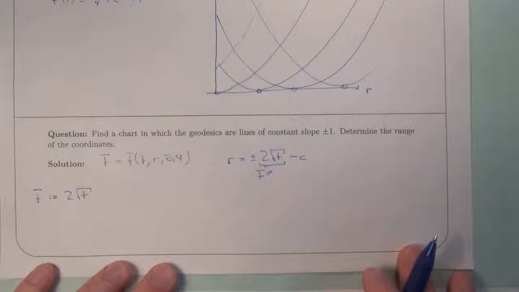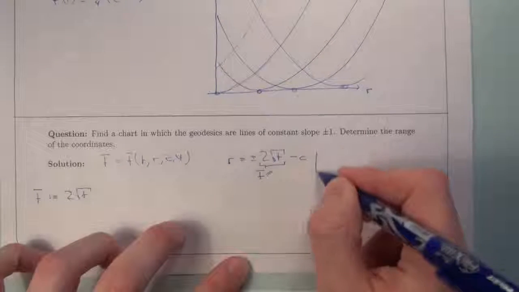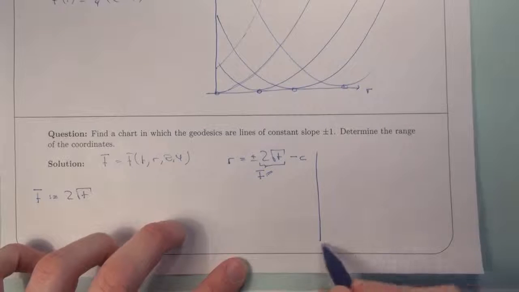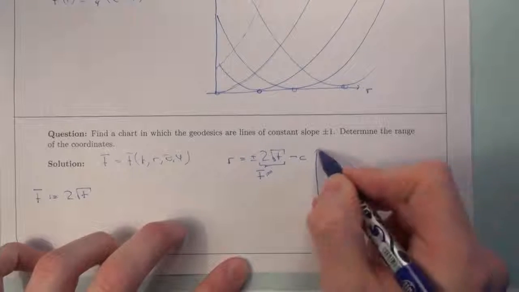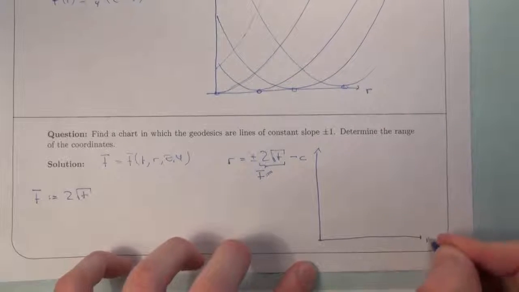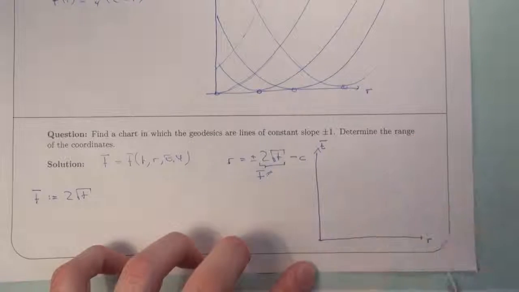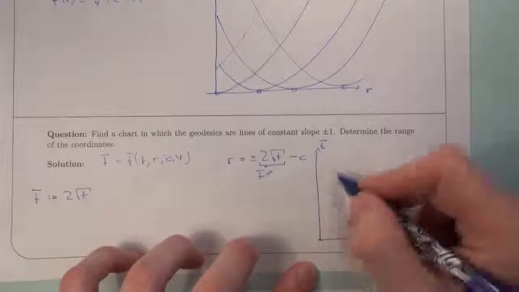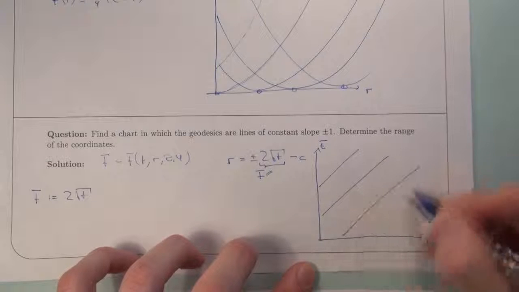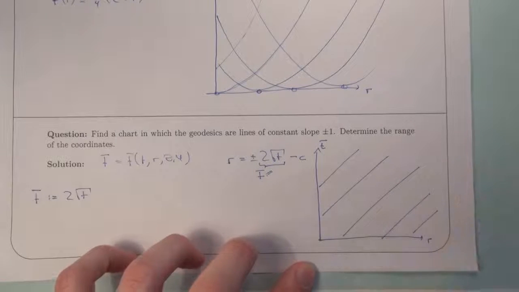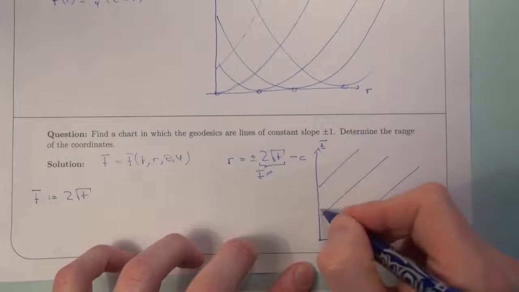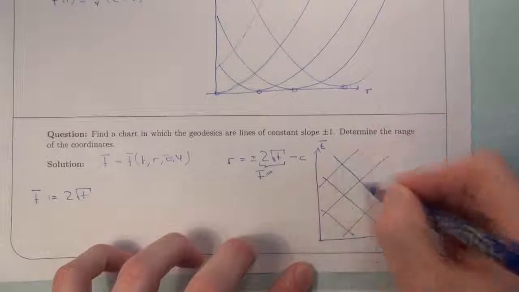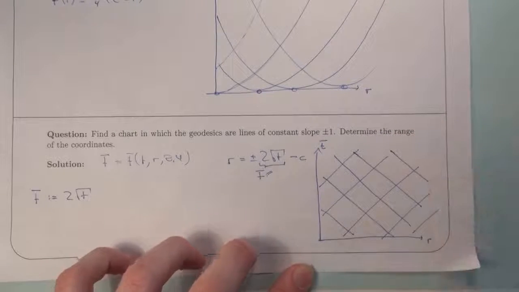Okay, again we draw some diagram. Also it's not asked here, but it helps to understand what happens here. So now we have the r here and the t bar here, and now we get lines of constant slope plus 1 and straight lines of constant slope minus 1.